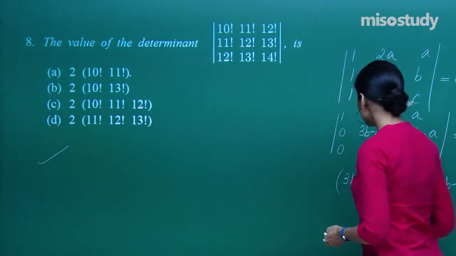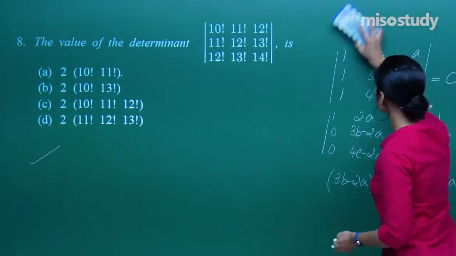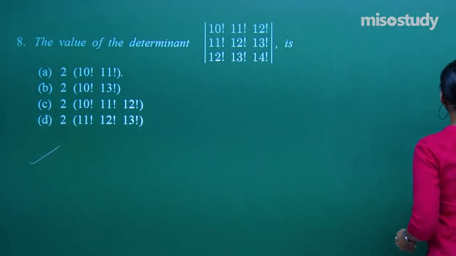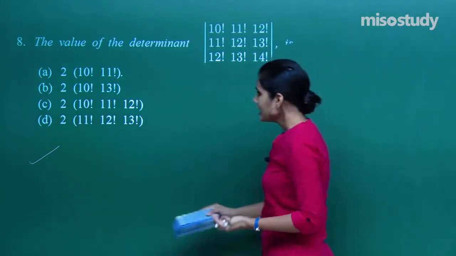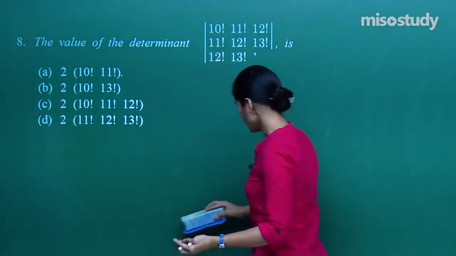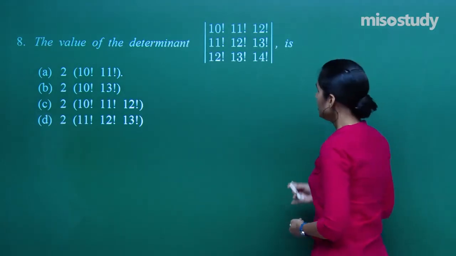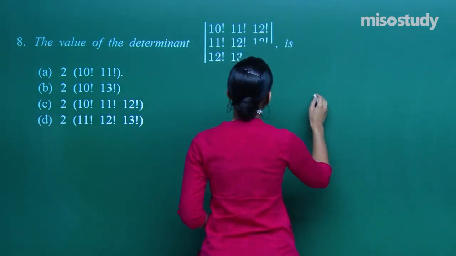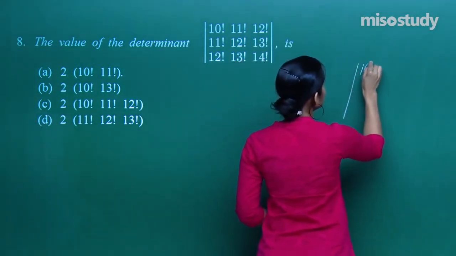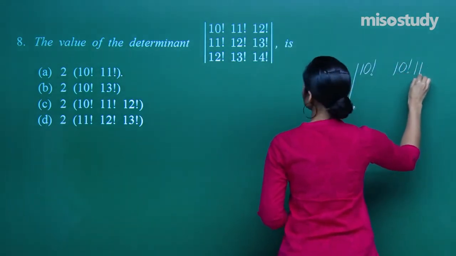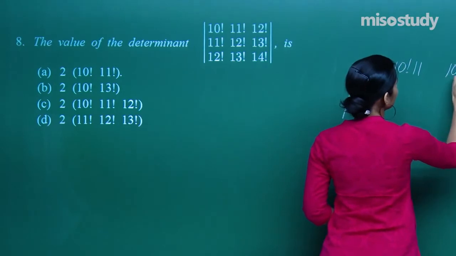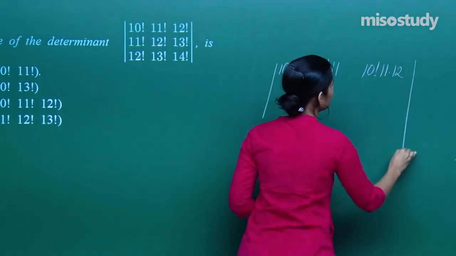The value of this determinant is what? Okay, let's see. It's evident that the numbers involved here are pretty large. But okay, let's use the property of factorials. This is 10 factorial, this is 10 factorial into 11. This is 10 factorial into 11 into 12.